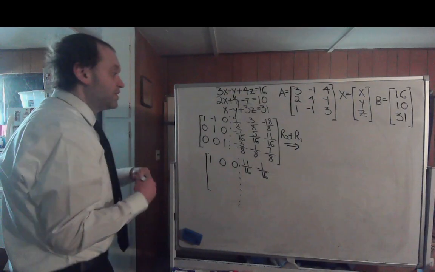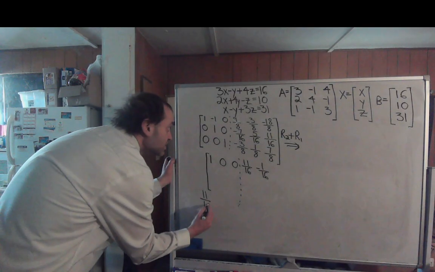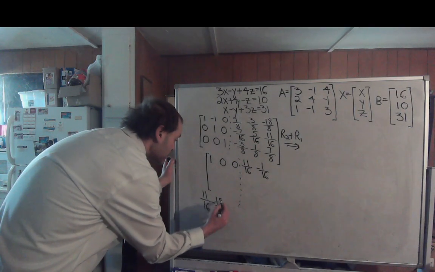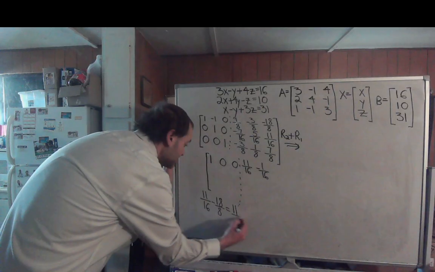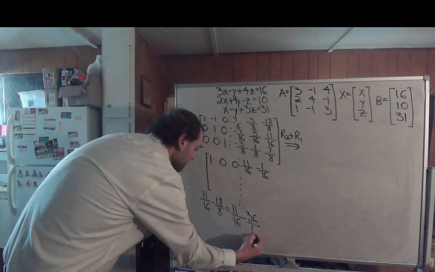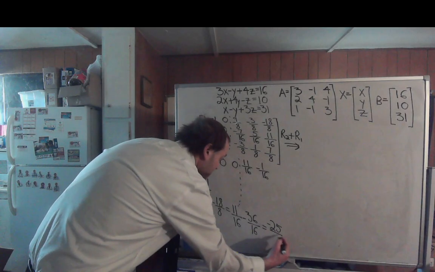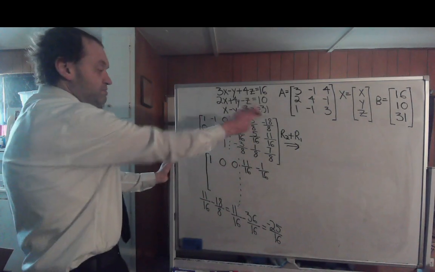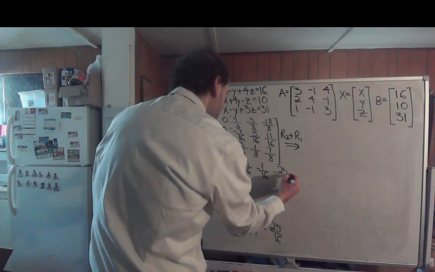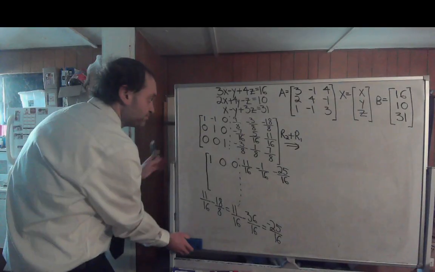And then for your final entry, you'll end up having 11/16 minus 18/8, which would be equal to 11/16 minus 36/16, which would give you negative 25/16. So it's probably a good thing I didn't reduce the fraction right there, because I would have just had to remultiply stuff. Doesn't make sense to do the same work twice.